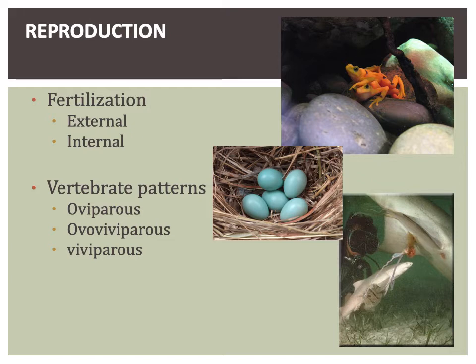So in ovovivipary, the embryos develop inside of the female's reproductive tract, but they get nourishment from the egg, not directly from the female's body. Going back to why, it's actually evolved a few times, in some snake groups, in some groups of sharks, and in some groups of frogs.